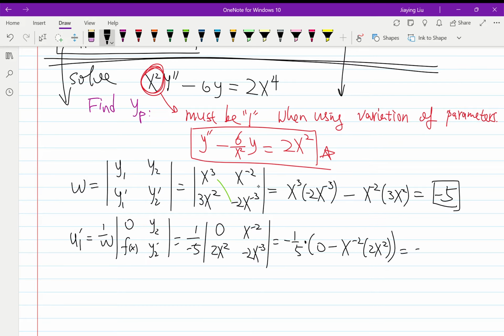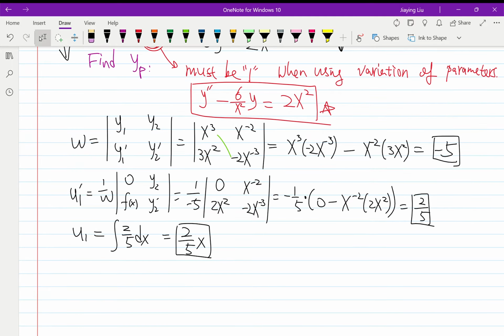So that's going to be positive 2 over 5. And then we have to integrate to find u1. So that's going to be 2 over 5x.